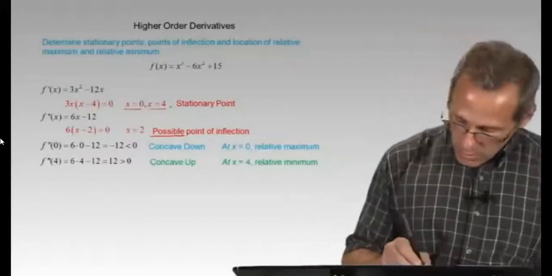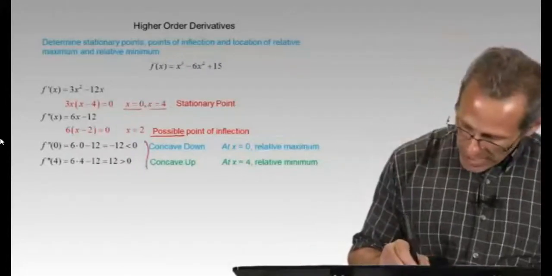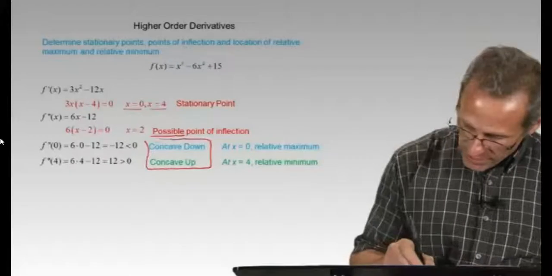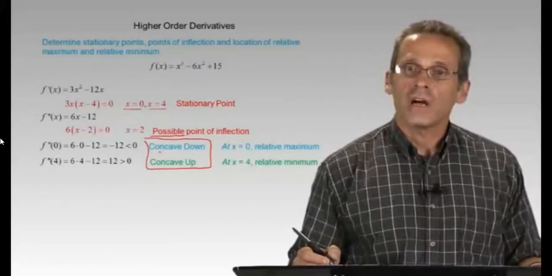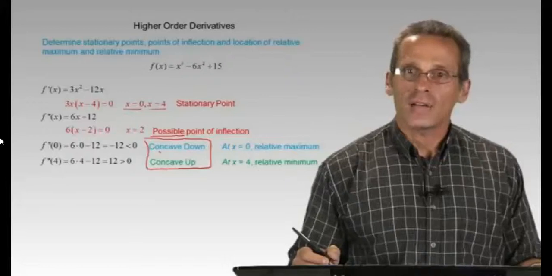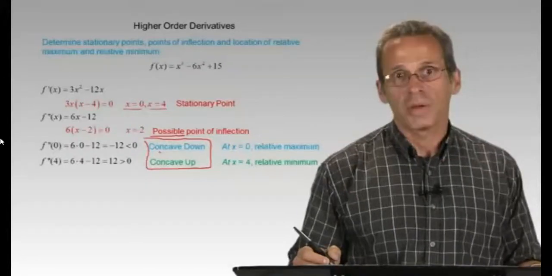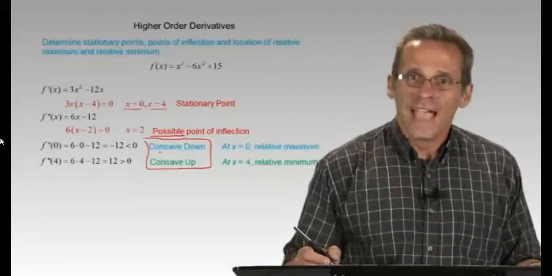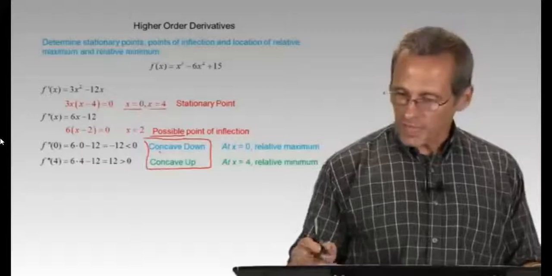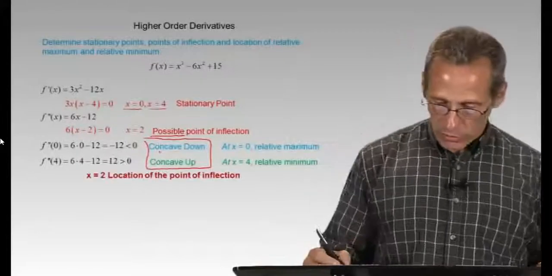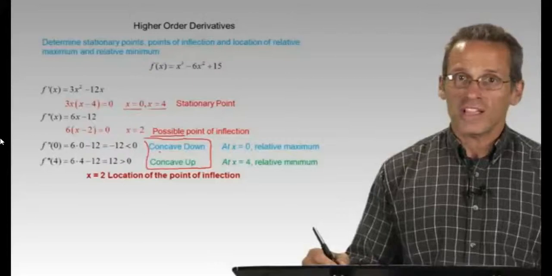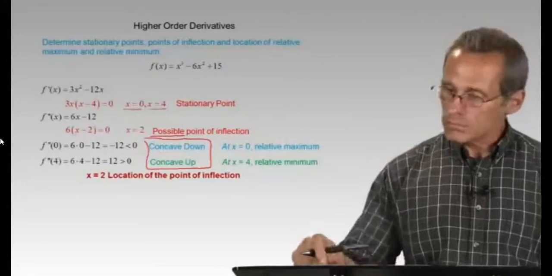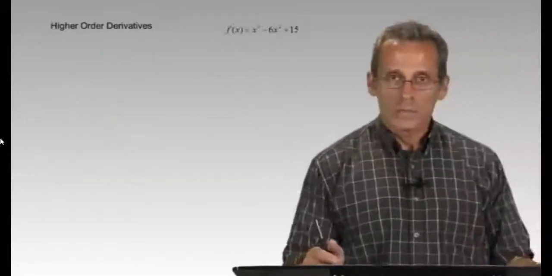Now, from the knowledge that we have a change of concavity, as I look left and right of x equals 2, I have concave down versus concave up. We have a change of concavity at the inflection point. That means at x equals 2, we can now say it's not possible anymore. It is an inflection point.